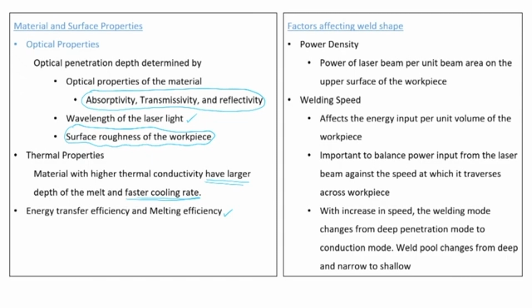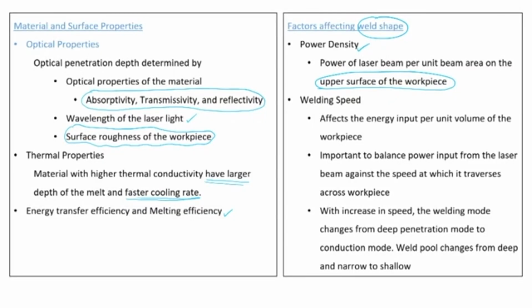The factors which are affecting the weld shape: the first parameter is the power density. Power of the laser beam per unit area on the upper surface is affecting. If power is more, then more energy will be available for the laser welding.